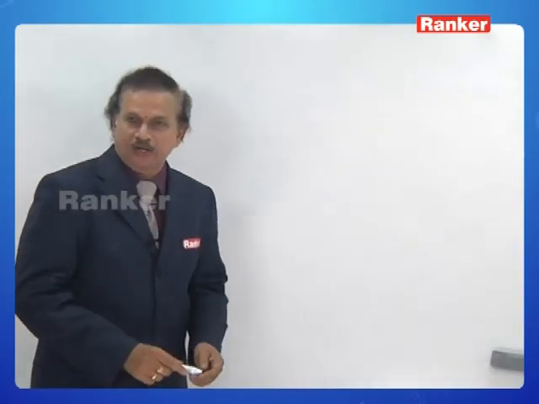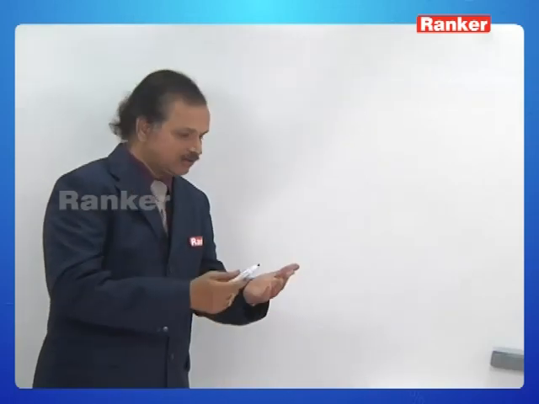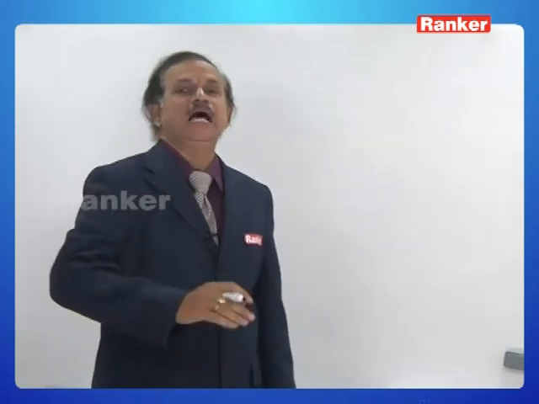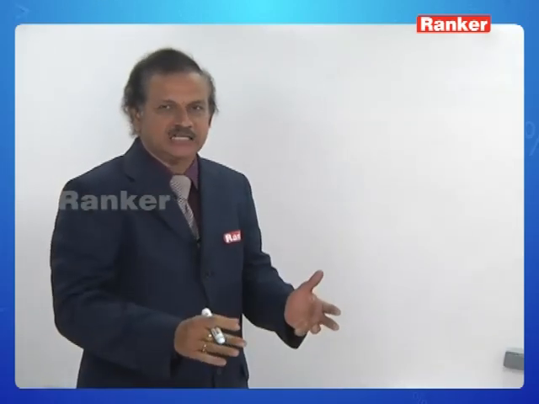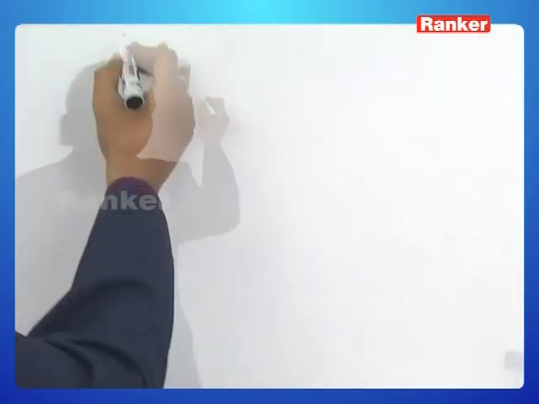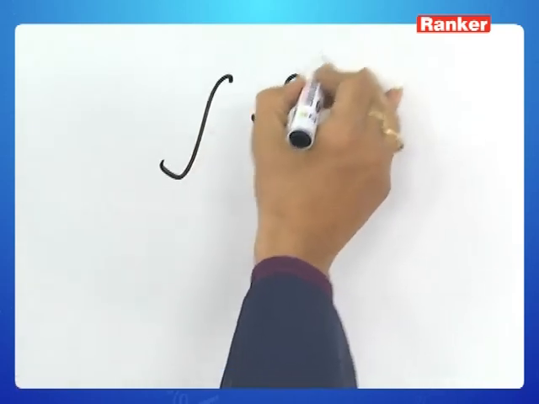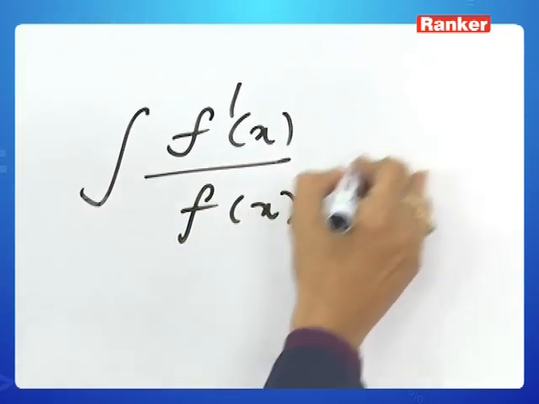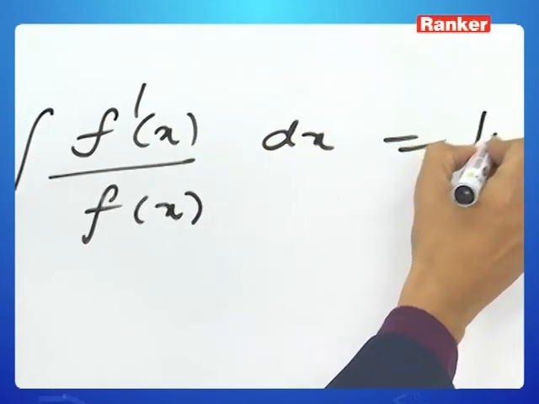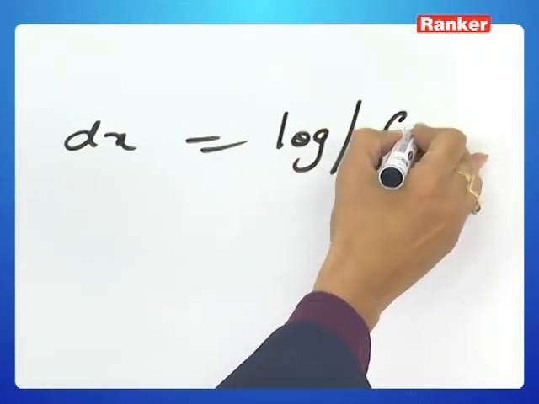Using this method of integration by the method of substitution, to have the answers on this part, we design for ourselves some beautiful formulas. Out of them, the very first one is integral of f dash x by f of x is log mod f of x.